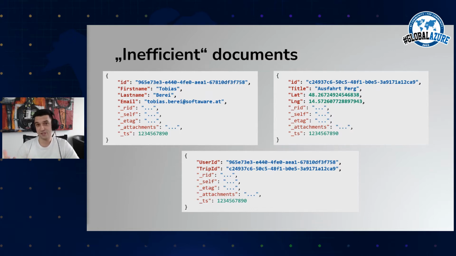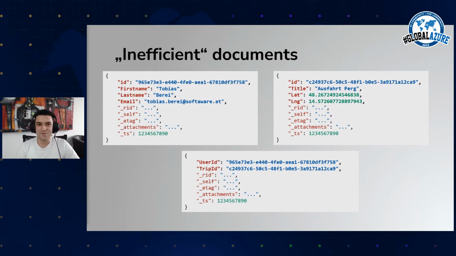And if we think of the feature again, I want to request all the data that belongs to a trip. So the trip with its details and all the participants, all the users that take place. This would mean that in the query, we would first request the trip, then make a join to our many-to-many data, and then make another join to our users table or document in this case.